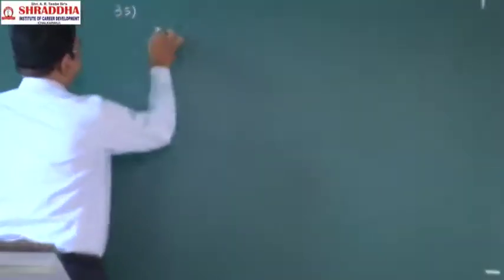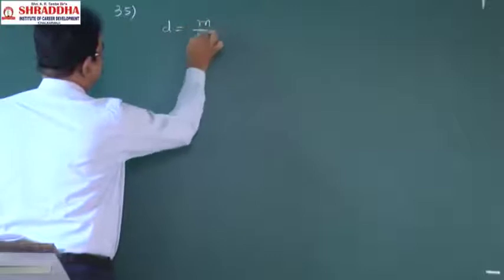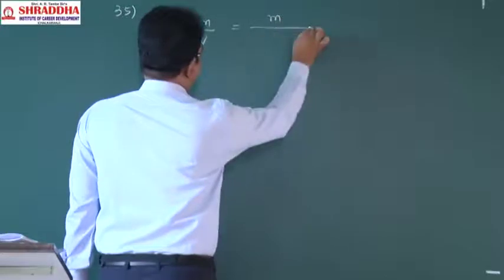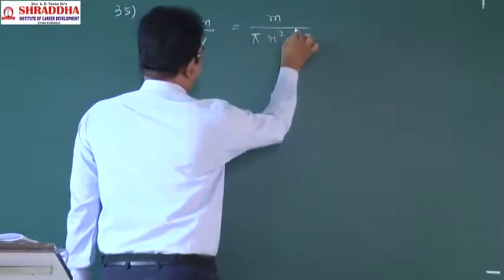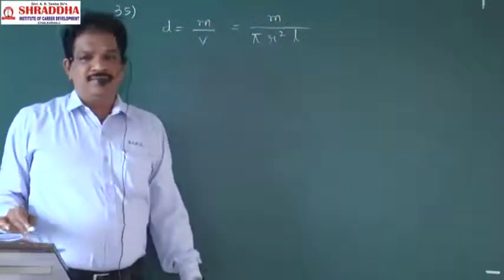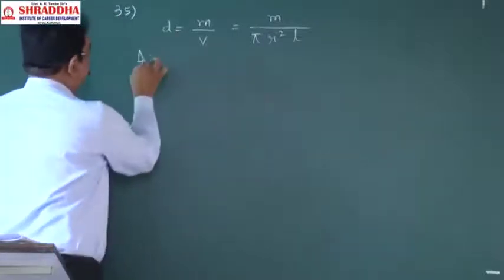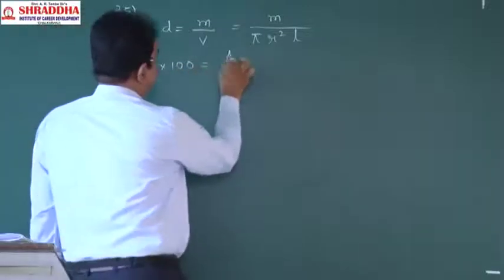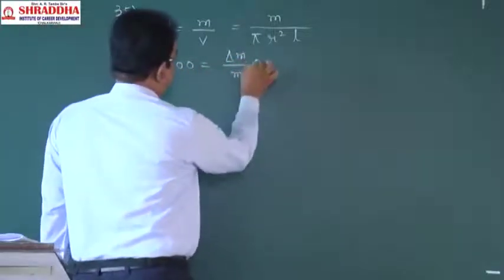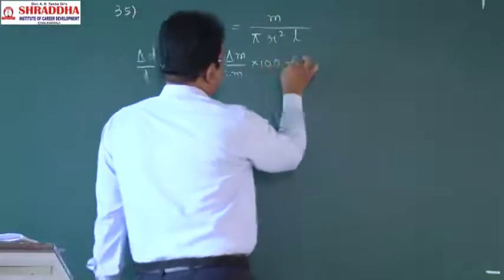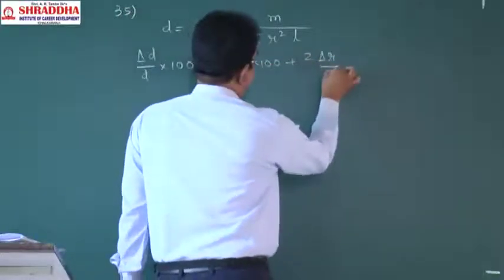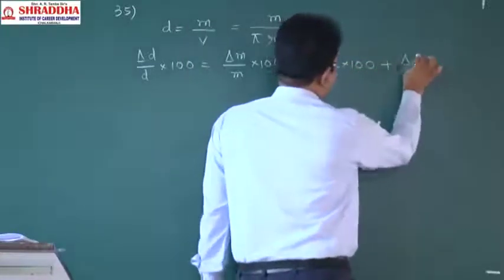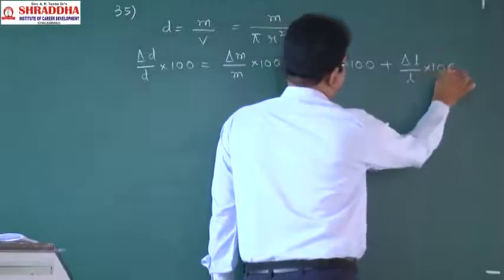35. Density is equal to mass by volume, mass by pi r square into L. Then delta d by d into 100 is delta m by m into 100 plus 2 into delta r by r into 100 plus delta L by L into 100.